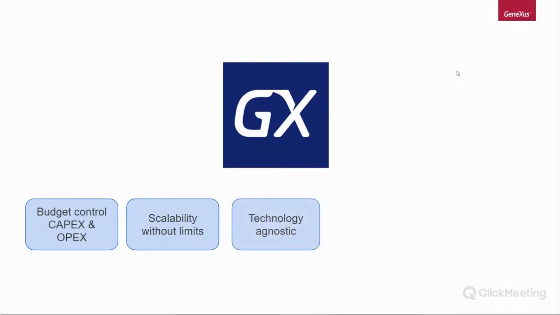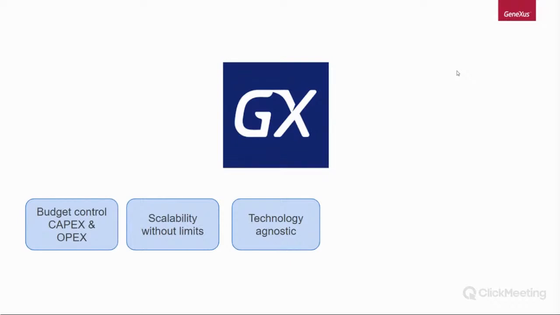Third, regarding technology, we're technology agnostic. So companies that use Genexus to develop will have the possibility of choosing the technology in which they will work, for the coding, as well as for the database, as well as for the services that you're using and integrating to.